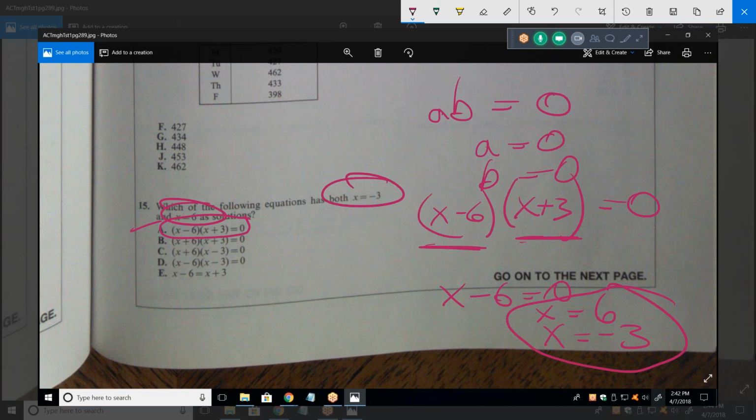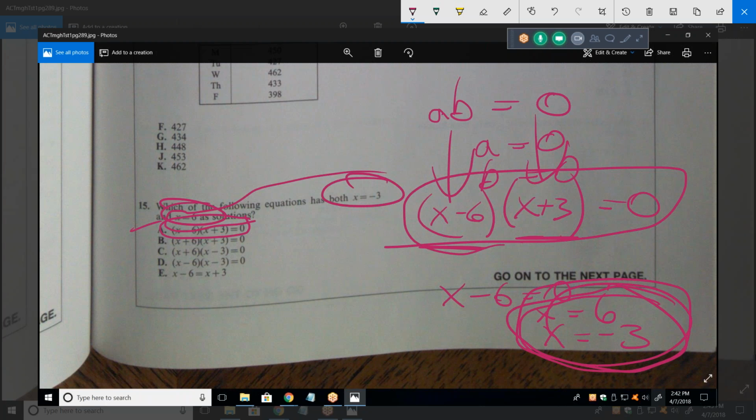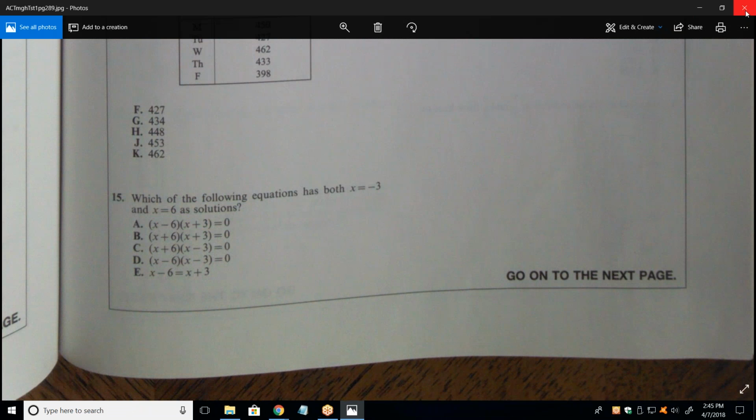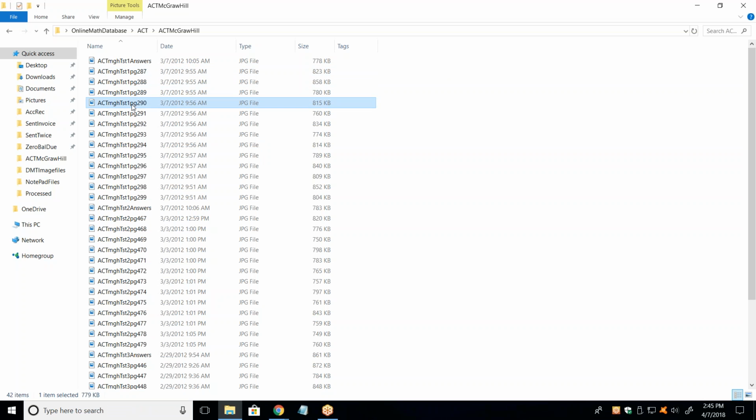In other words, they're going to start with this: I got 2 things multiplied together equals 0, therefore I set that equal to 0, I set that equal to 0, and that gives me these 2 solutions. All this problem is doing is giving you the solutions first and then asking you what's the equation. That's the only difference. It's an easy problem, but because they do it in reverse, it's a little bit of a harder problem.